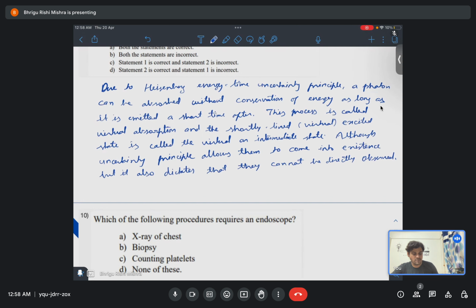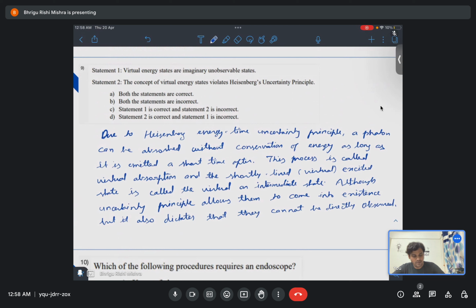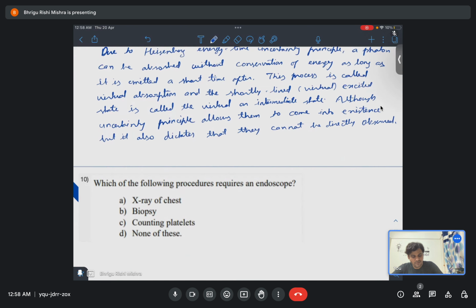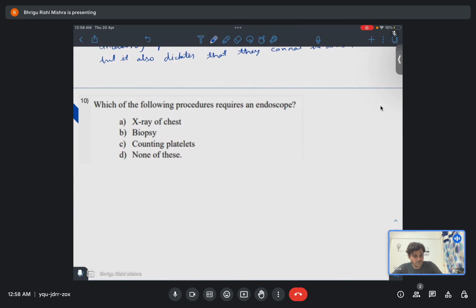So that means both the statements are correct. That is, virtual energy states are imaginary unobservable states, and also that the concept of virtual energy states violates Heisenberg's uncertainty principle, although it originates due to Heisenberg uncertainty principle. So both the statements are correct. Option A.